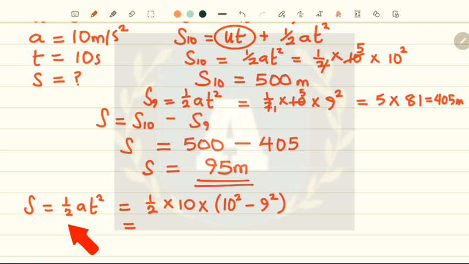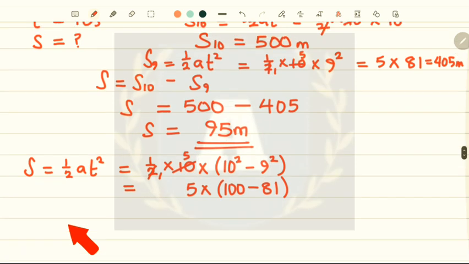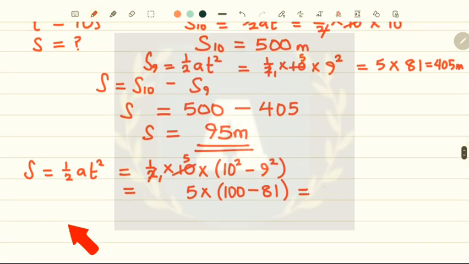You can cut: 2 here is 1, 2 here is 5. So you have 5 multiplied by 100 minus 81. When you do that, you will be left with 5 multiplied by 19.